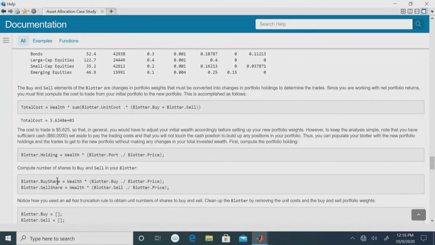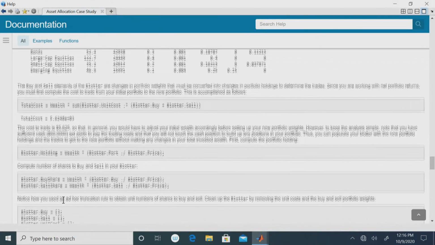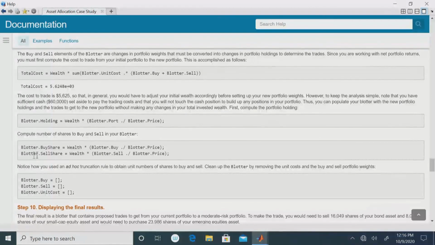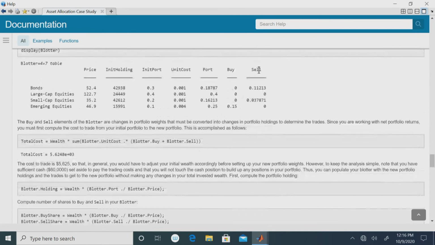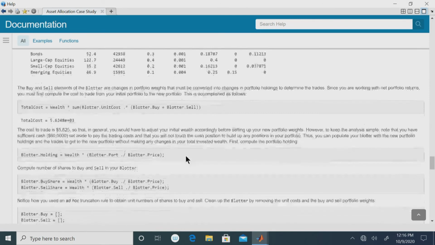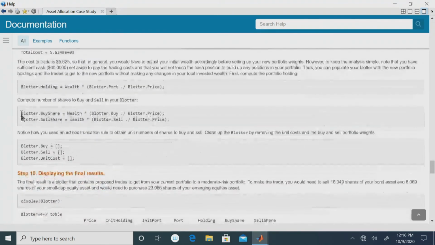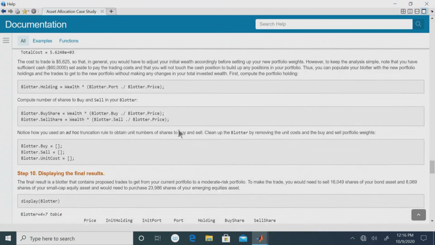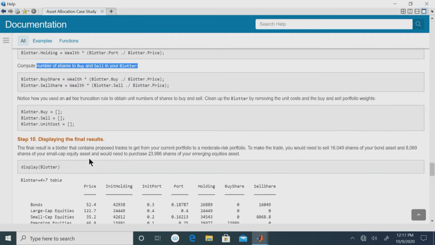This is going to give you the number of shares that you have to buy, and the blotter sell share will give you the number of shares that you have to sell. So, once this strategy of buying and selling is specified in terms of weights, what the blotter buy share and blotter sell share do is essentially give you the exact units of the number of shares that you need to buy or sell in order to achieve your portfolio.